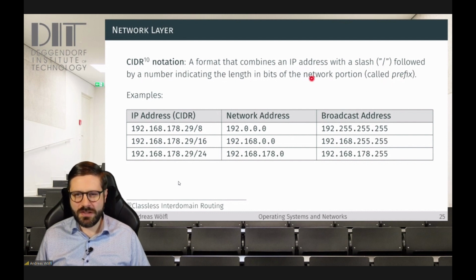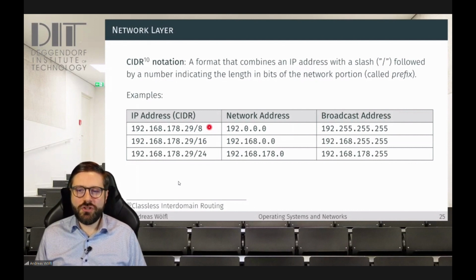So the prefix is the number of bits in the network portion. The prefix gives you the information how big the subnet is, how long the network IP address range is, because it defines the network portion, right?